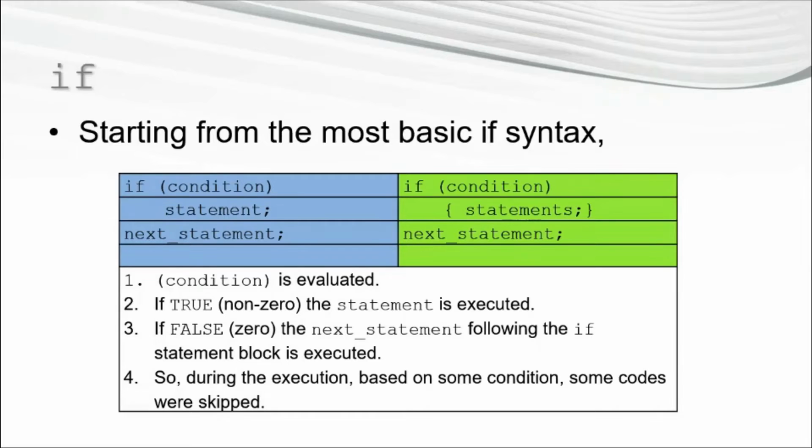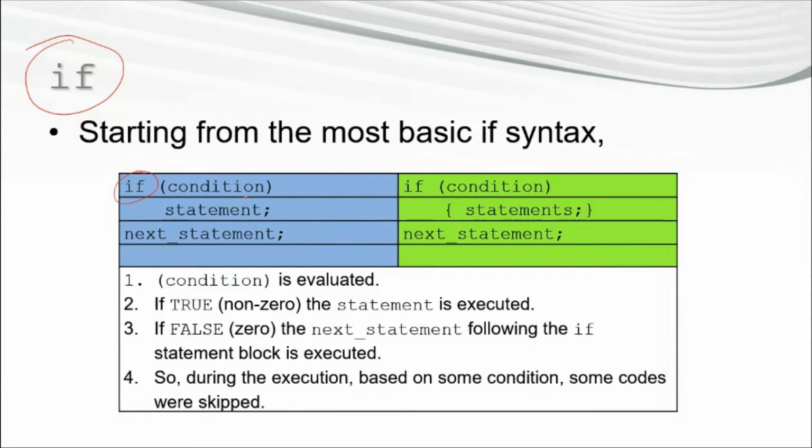The first selection structure, the simplest selection structure, is if. The structure of an if will be something like this. Inside the C programming code, we write an if. Then there is a condition, and the condition should be given in parentheses.